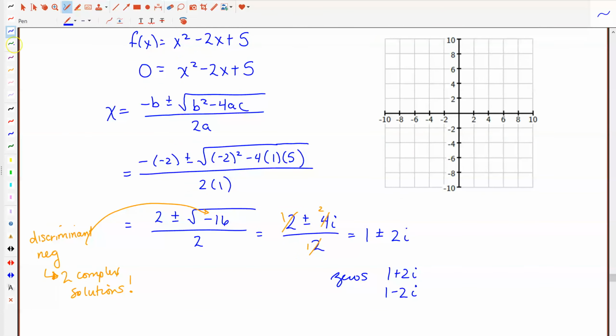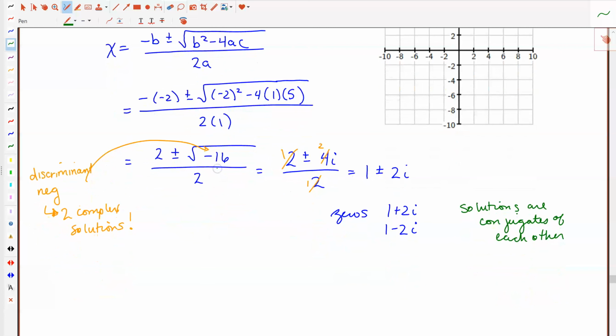And just as a fun side note right here, these solutions are conjugates of each other. As a reminder for what a conjugate is, the conjugate of a plus bi is a minus bi.